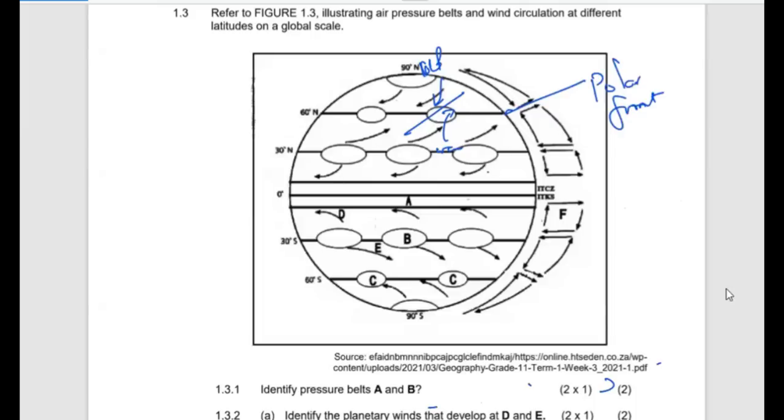The upliftment of the westerly winds as they converge with the polar easterlies will create a vacuum, because this air is going to be forced to uplift along the polar front. As it uplifts, it leaves a low pressure because of its displacement. The colder polar easterly is going to converge with the warmer westerly winds along the polar front.